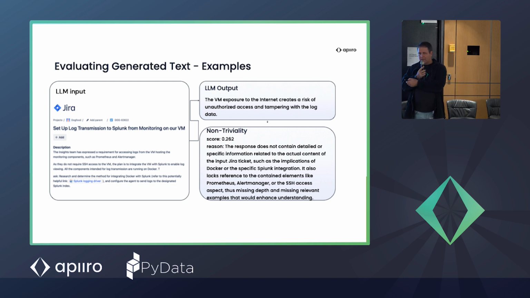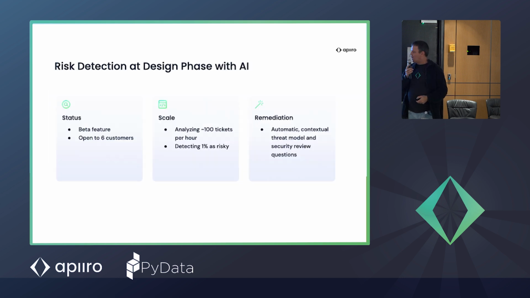Okay, so what's very important about the evaluation is that if the old evaluation was very, very strict on similarity, here it's more like a human evaluation, because you can look at the text from different perspectives. And to sum up the project, currently this feature is in beta.